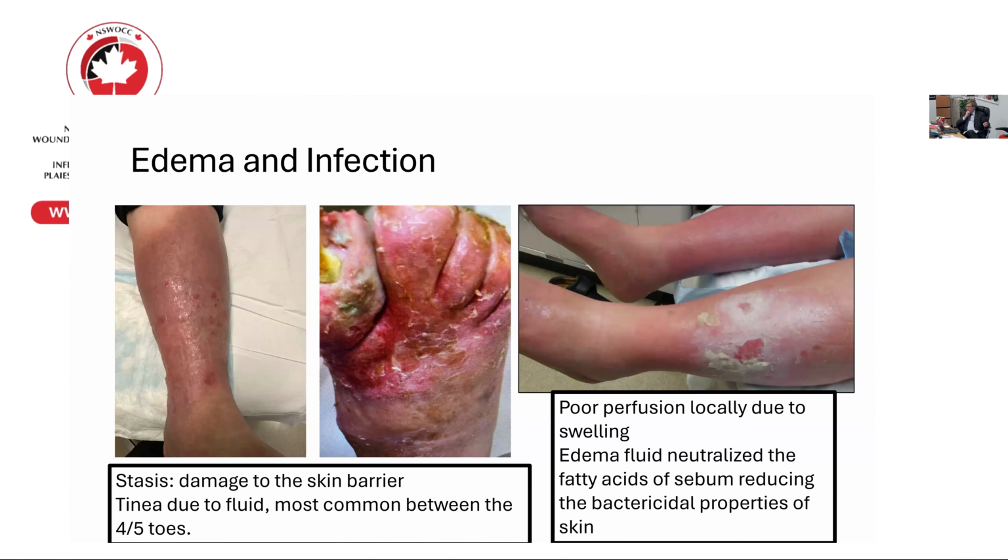Next slide. I want to comment, Robyn, just on the toe webs, that probably the best thing to put in the toe webs is povidone iodine 10%. And the povidone iodine will treat gram-positives, negatives, and anaerobes. It will treat yeast as well as true dermatophyte fungus or virus. And it also ends up drying the area.